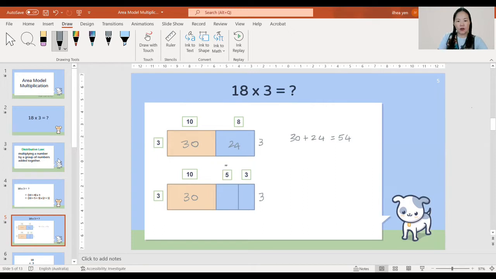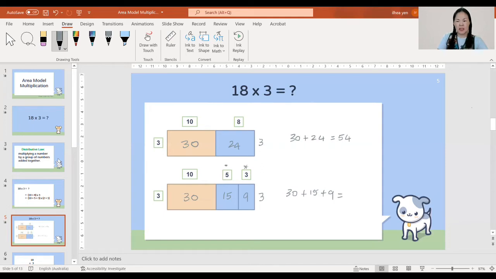So 3 times 5 is 15. Then my third part, now we are looking at this one, is 3 times 3. It's 9. Okay, so we got 3 parts to add up to make a total area. So it'd be 30 plus 15 plus 9.